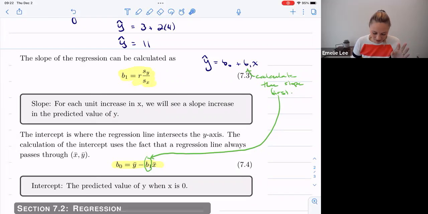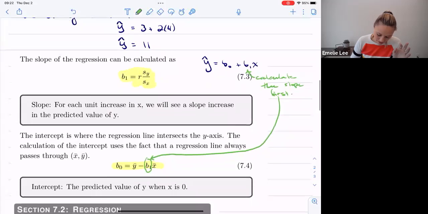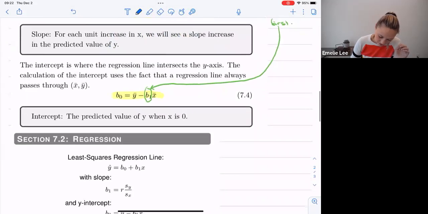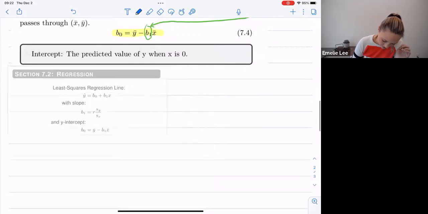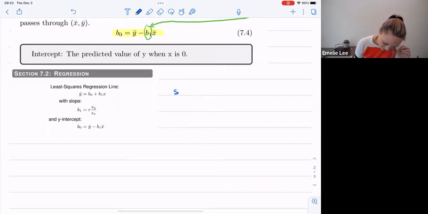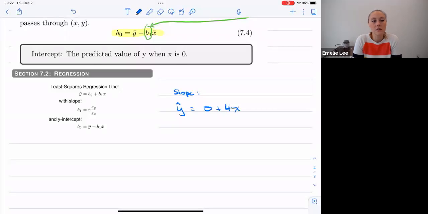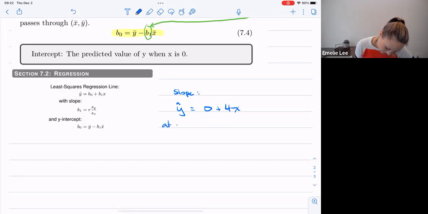So then if the slope is, just for example, y hat equals 0 plus 4x, what we're saying is that the predicted value of y when x is 1 would be 4. So at x equals 1, y hat equals 4.